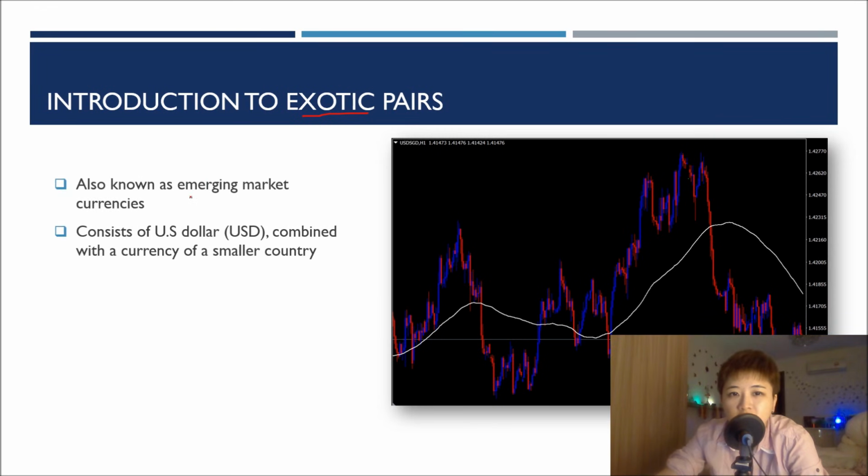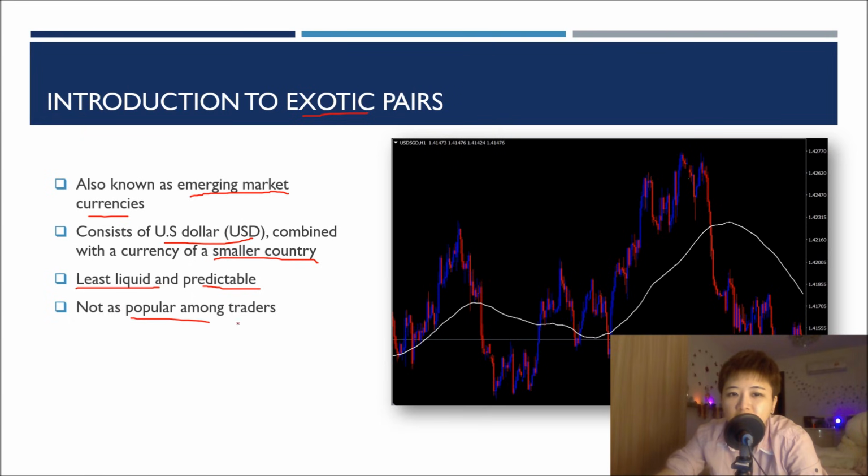Okay. So exotic pairs are also known as emerging market currencies, and it consists of USD paired with a currency from a smaller country, and most of them are emerging markets. It is illiquid and less predictable, and hence higher spread, and it's not as popular among traders. But if you're a long-term trader, you can look into this.